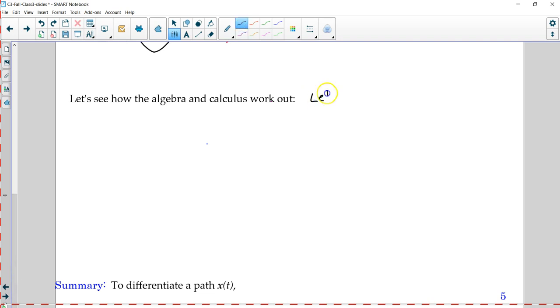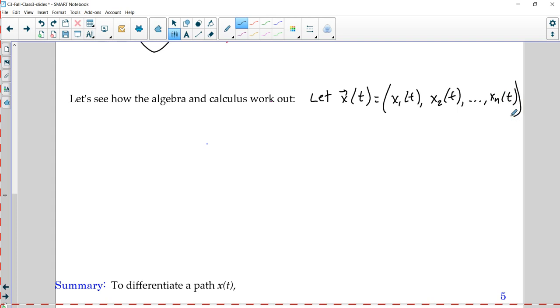Okay, so I need to define a vector x and it needs to have n components, x1(t), x2(t), so on and so forth, to xn(t). All right.